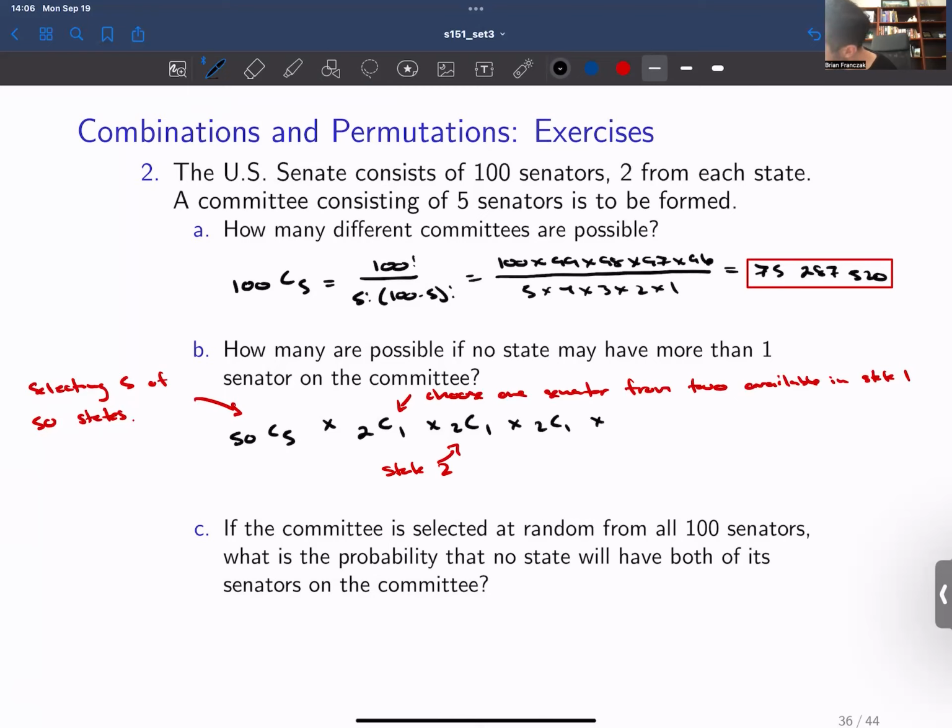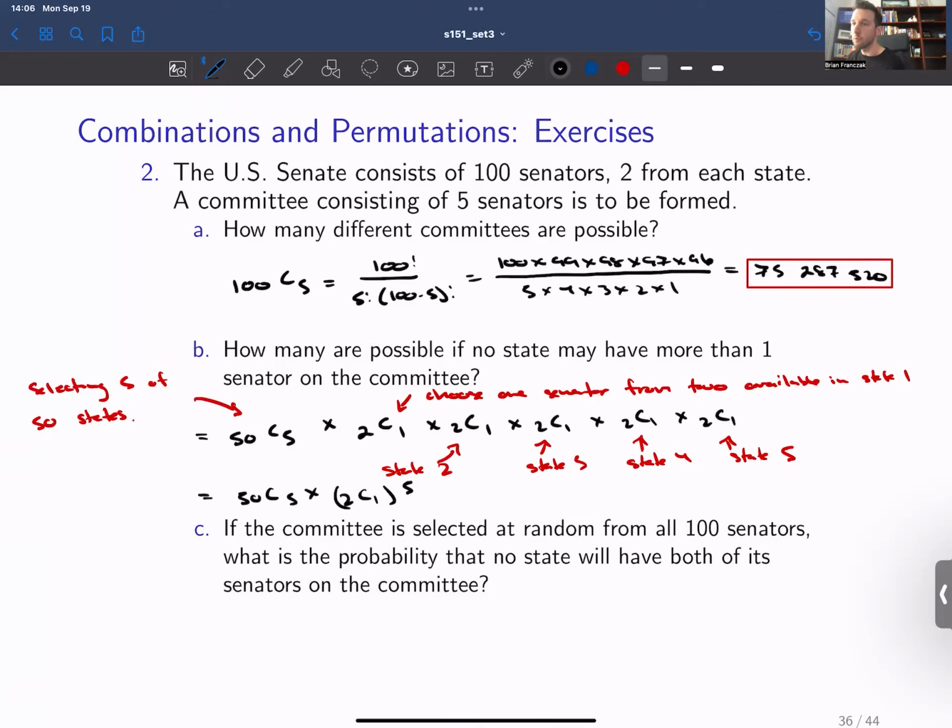So that's state 3, state 4, state 5. Okay, so this thing is 50C5 times 2C1 to the power of 5.